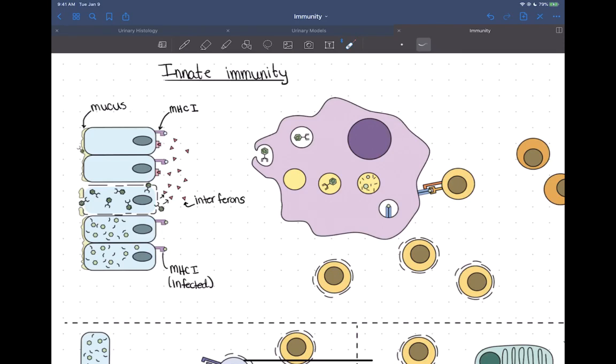The next step is our antigen presenting cell, our macrophage. And remember, macrophages are part of the adaptive... I have these backwards, don't I? Yeah, sorry.